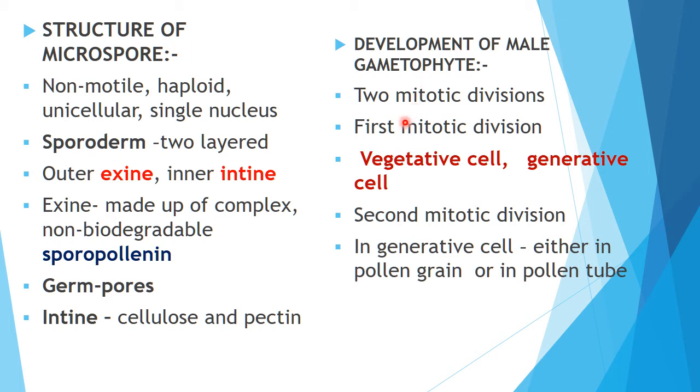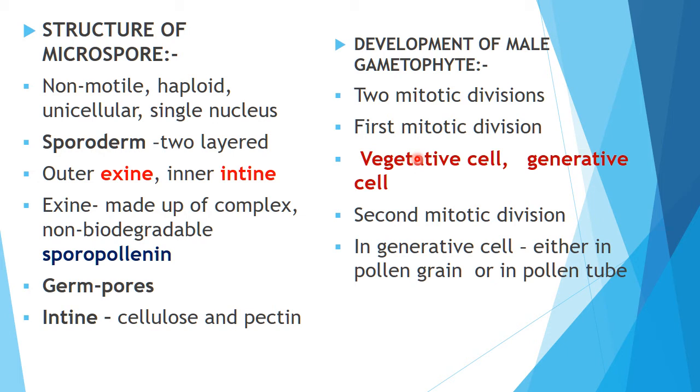First we will see the first mitotic division. In the first mitotic division, the microspore or pollen grain divides into two unequal cells: a large vegetative cell and a small generative cell. The vegetative cell is rich in food and has an irregular shaped nucleus.